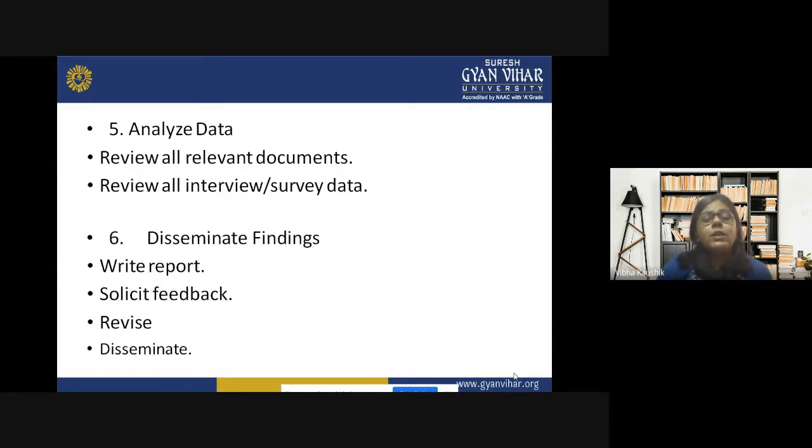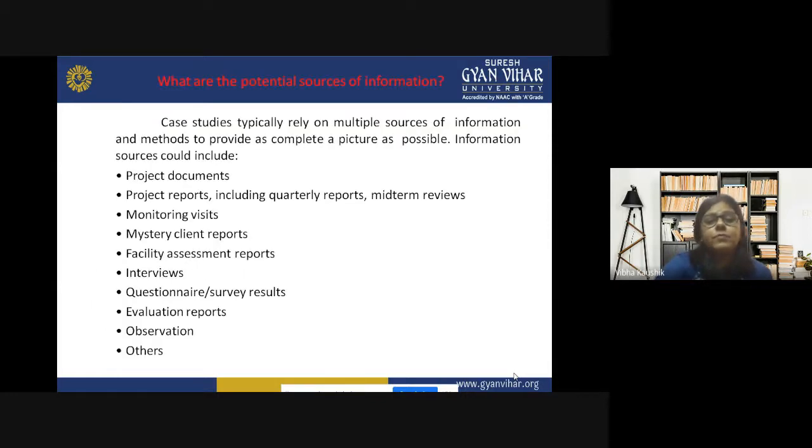Now the sixth one is disseminate findings. Write the report. Solicit feedback. Revise if you think that something is missing.